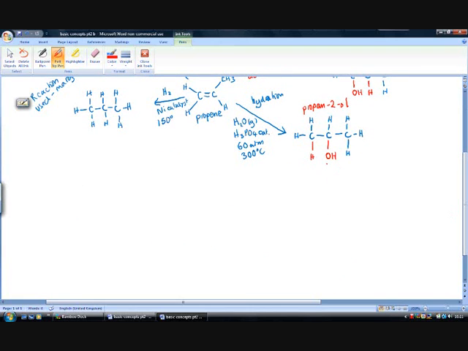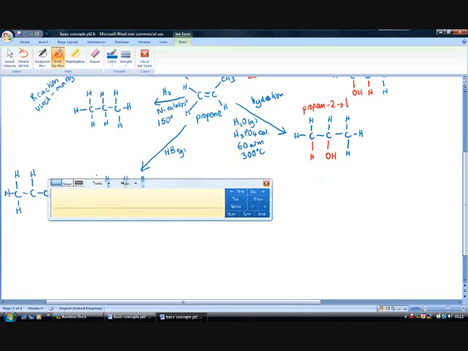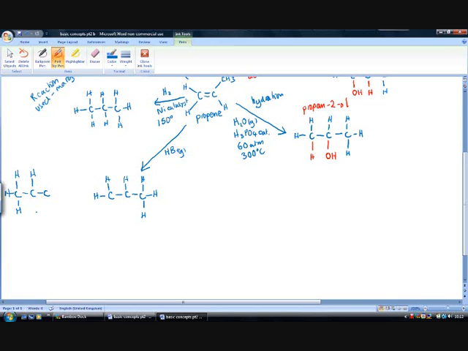Now this is similar to what happens when you react it with hydrogen bromide, HBr gas. The HBr can add on in two different ways. So the Br could add on, whoops, let's change that.